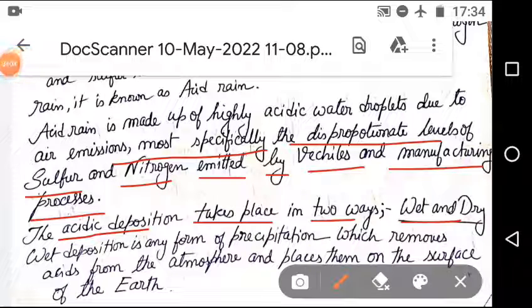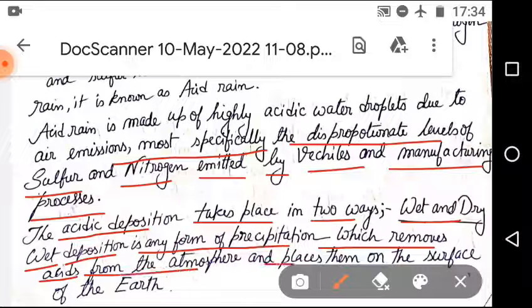There are two ways through which acid rain formation can occur. First is wet deposition, which is very easy. Wet deposition is any form of precipitation which removes acid from the atmosphere and places it on the surface of the earth.